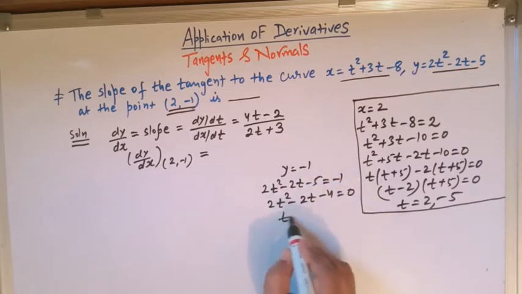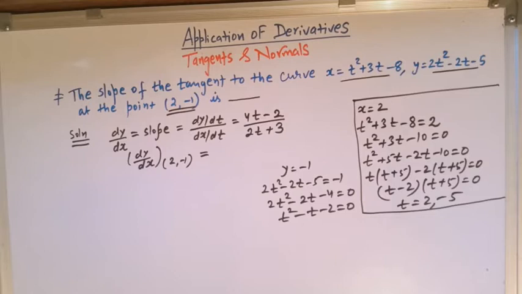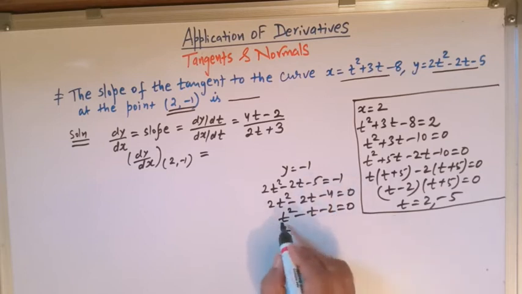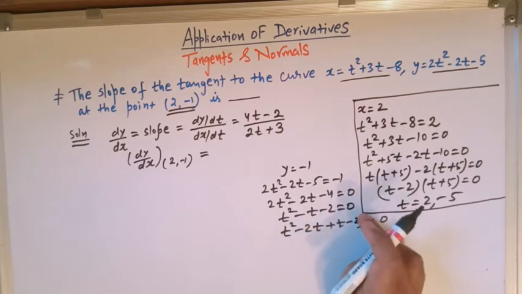Now we divide by 2. So we have t square minus t minus 2 is equal to 0. Clear? Now if we factorize this quadratic polynomial, we have t square minus 2t plus t minus 2 is equal to 0.